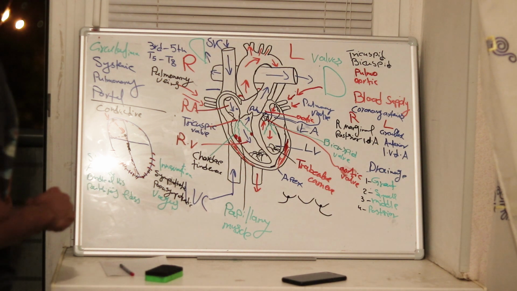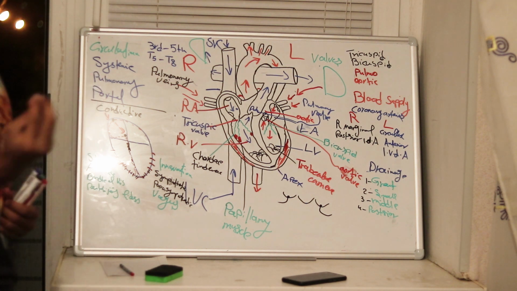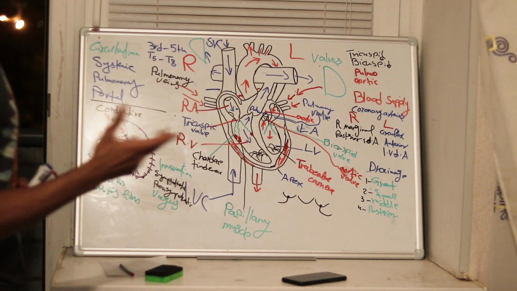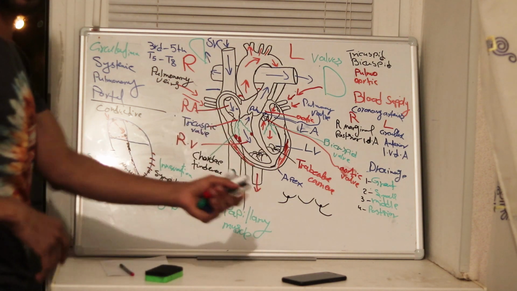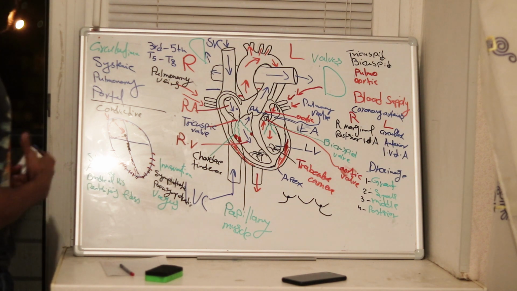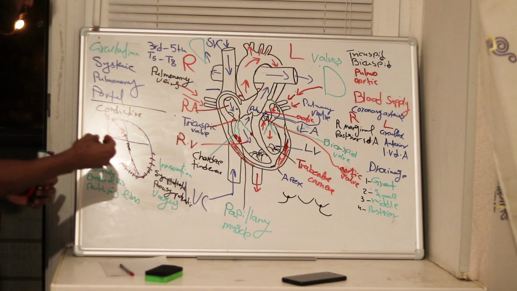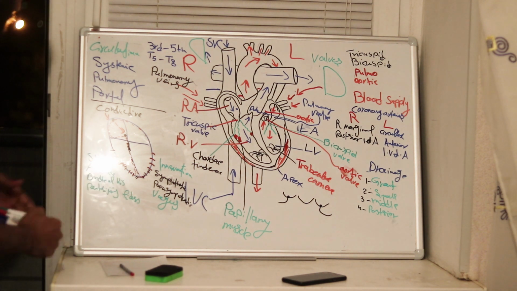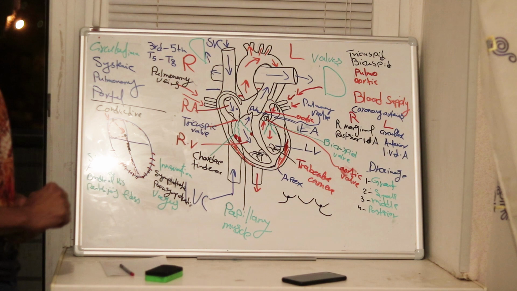Let's talk about the last thing here. We have the conductive system of the heart. Conductive means a signal conducts from one area to another, meaning conduction. As long as we mention the conductive system, we have to mention the structures related to this system. First of all, we have the SA node, AV node, bundle of His, and the last thing, Purkinje fibers.